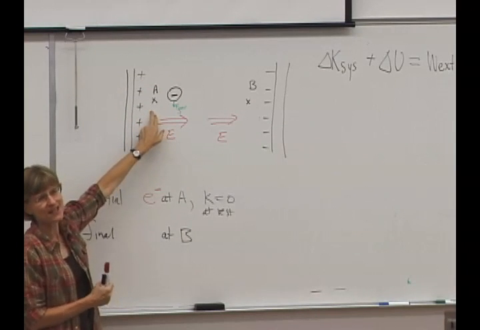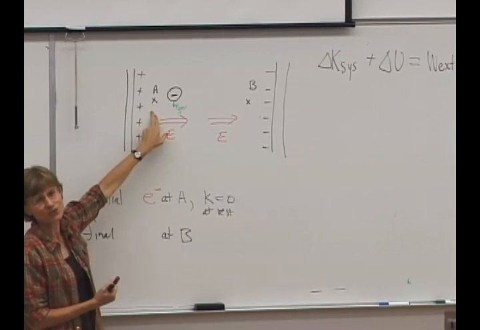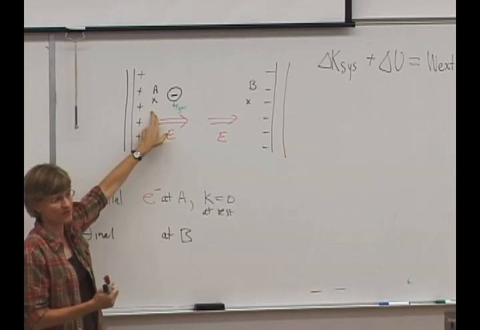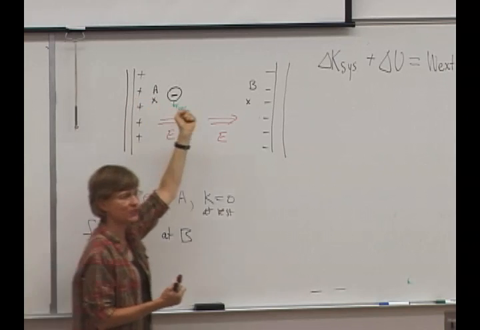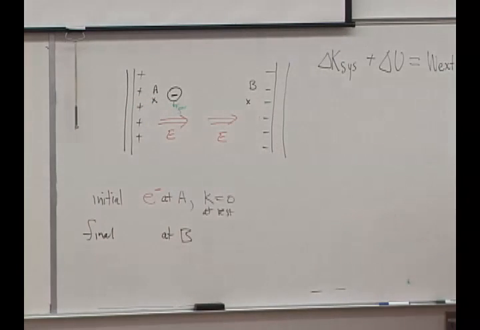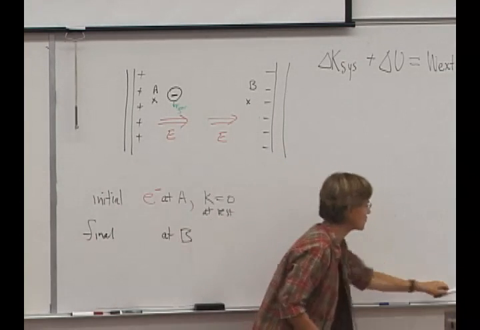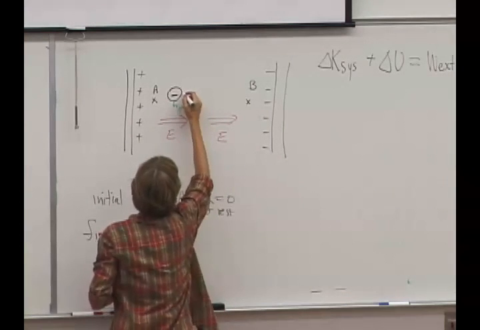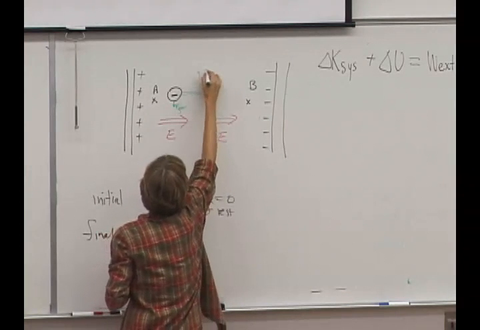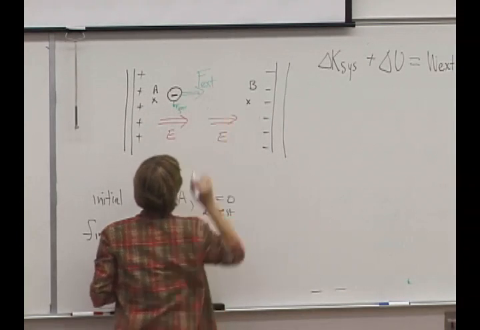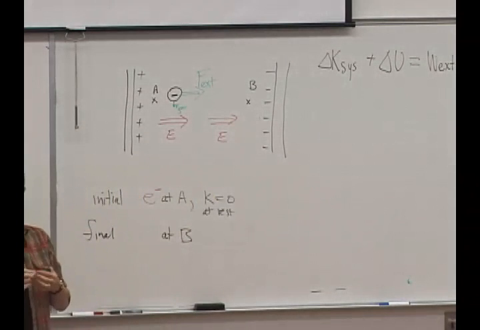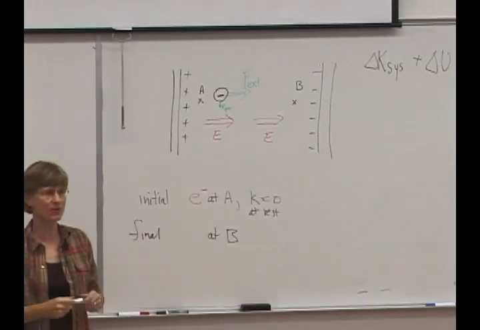So if I need to get it to B, what do I have to do? I got to apply a force on it, don't I? So I have to attach a string to it and pull it along to get there. So we actually need some sort of an external force here, a force by my hand, grabbing this electron and pulling it along.